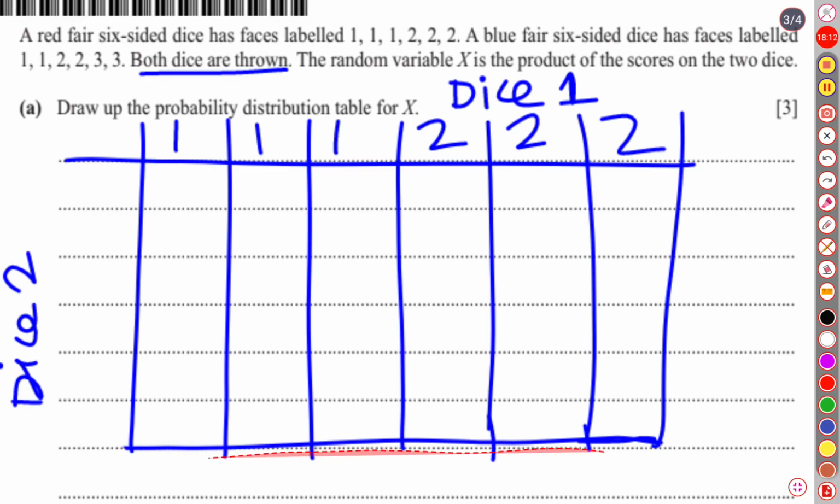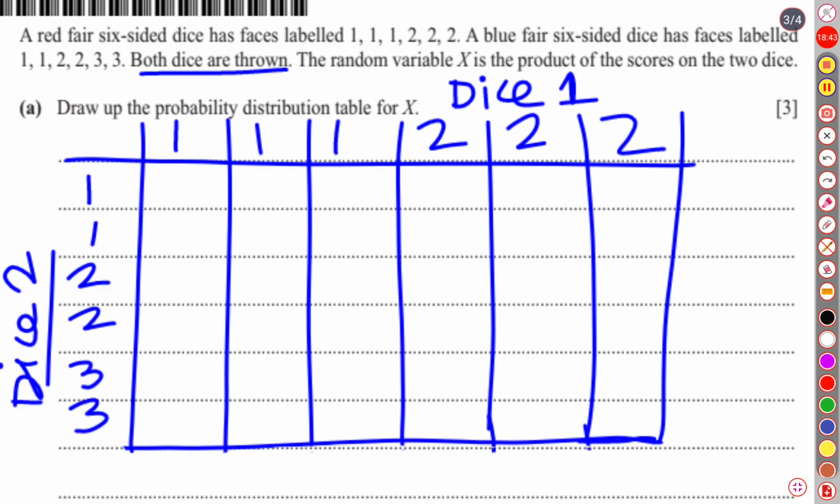So the faces of the blue dice are 1, 1, 2, 2, then 3 and 3.